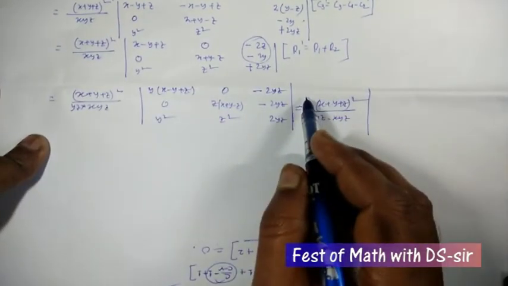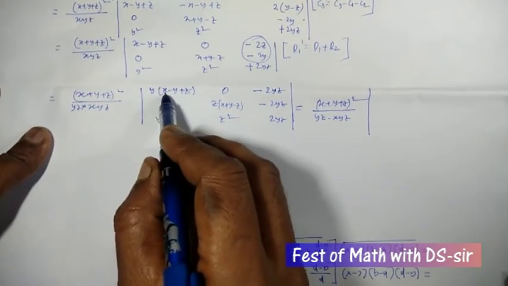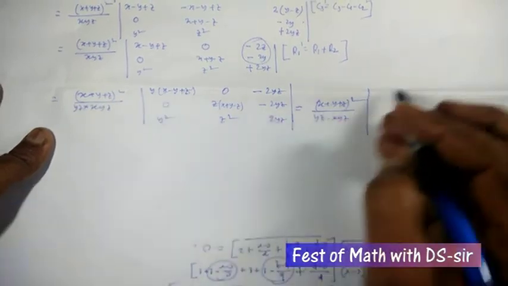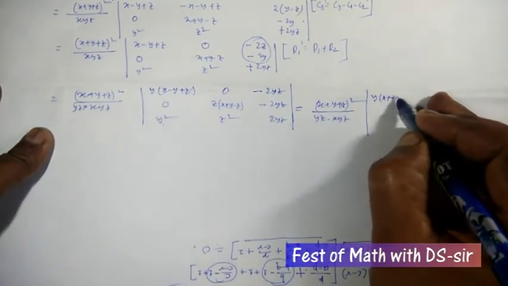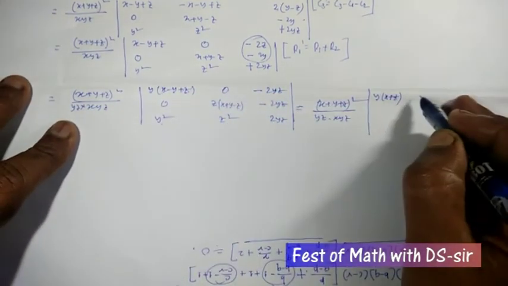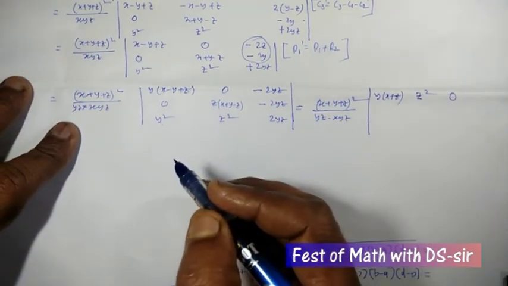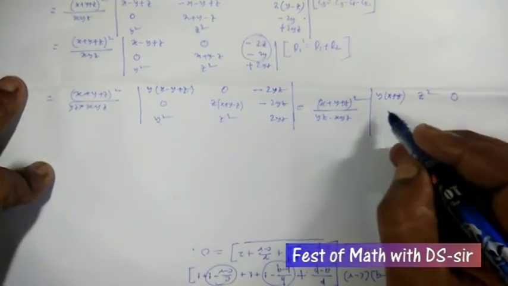Third row with first row. Now see, in the first row, this is xy minus y square plus yz. When y square is added, it becomes y into x plus z. When these two are added, it is z square. It is 0. Similarly, I will add the third row with the second row.